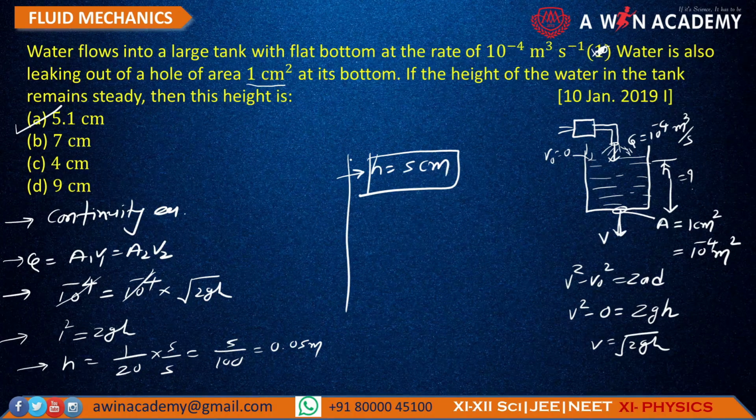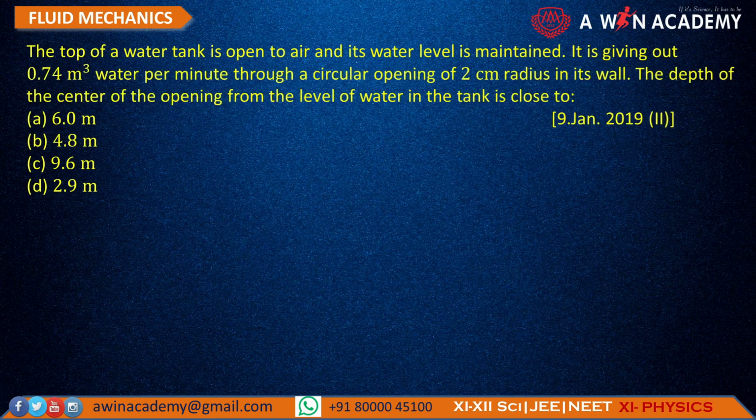So the solution of this question is like that. Let's move on to another question. The top of a water tank is open to air, and its water level is maintained.